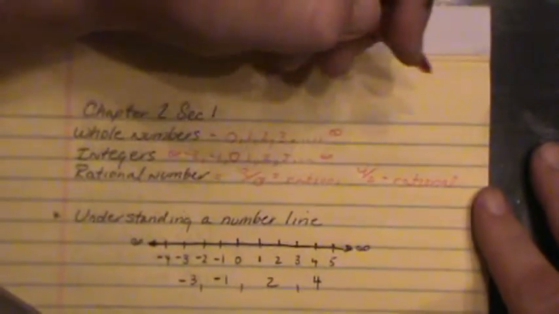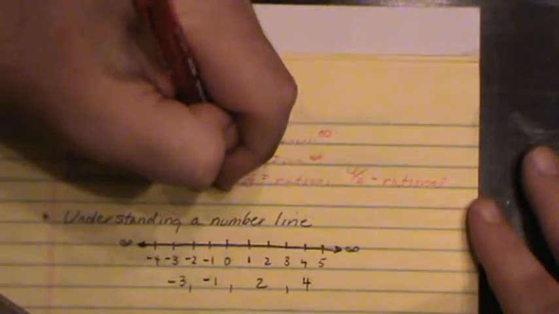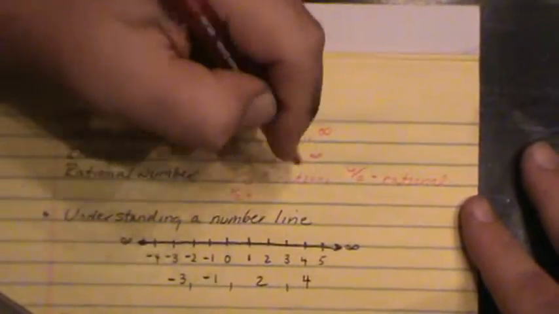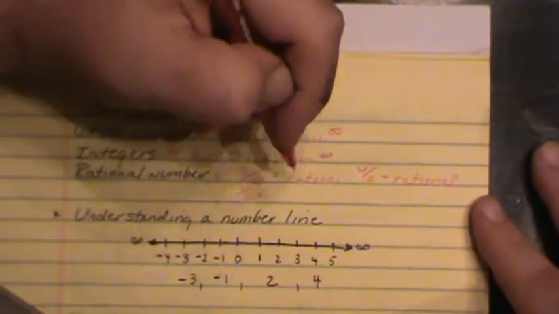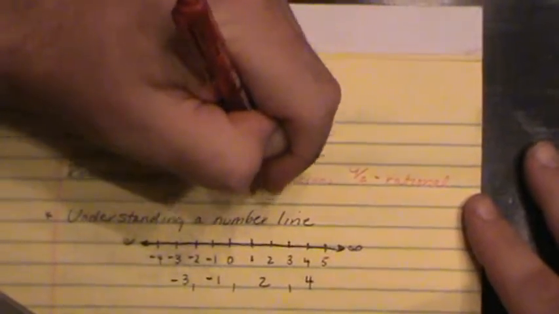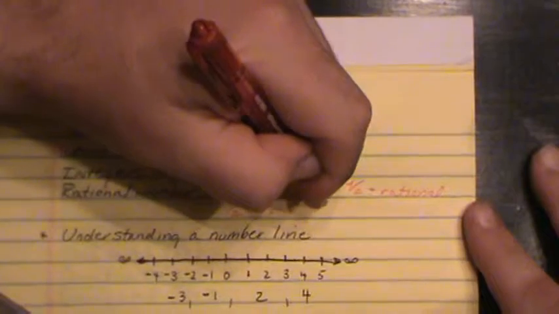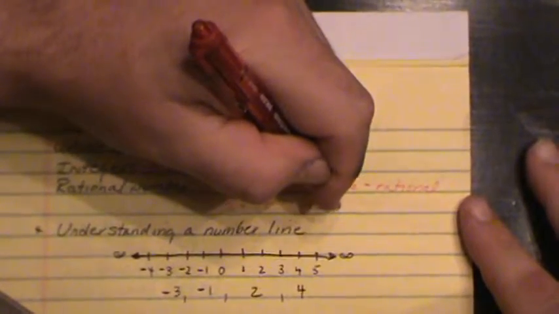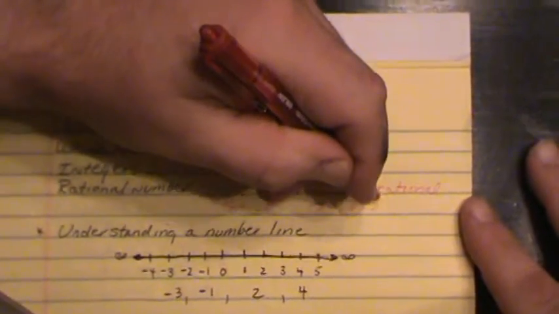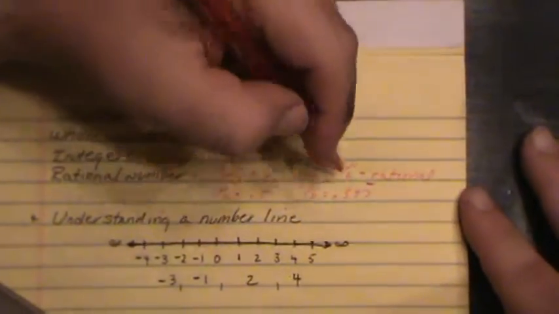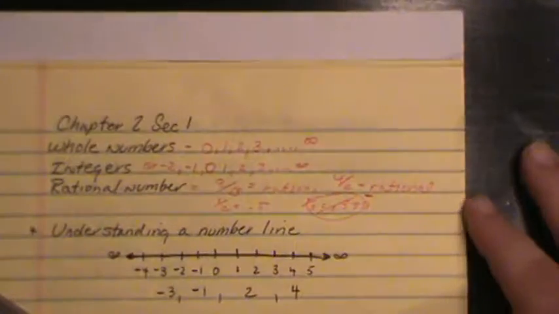If I say something like a half, so if I divide 2 into 1, 1 half is equal to 0.5, that makes that a rational number. If I do 1/3, that comes out to be 0.333 with a line over it, meaning go on for infinity. This would not be a rational number.